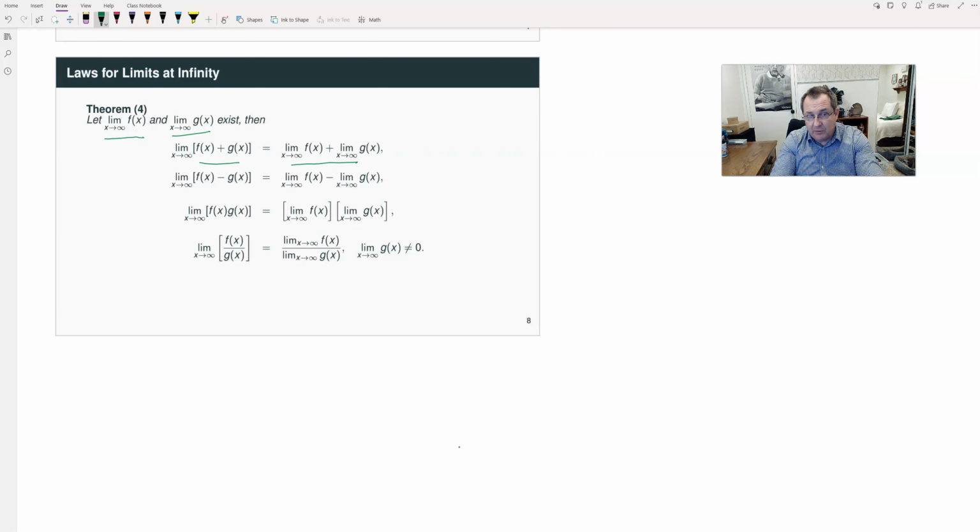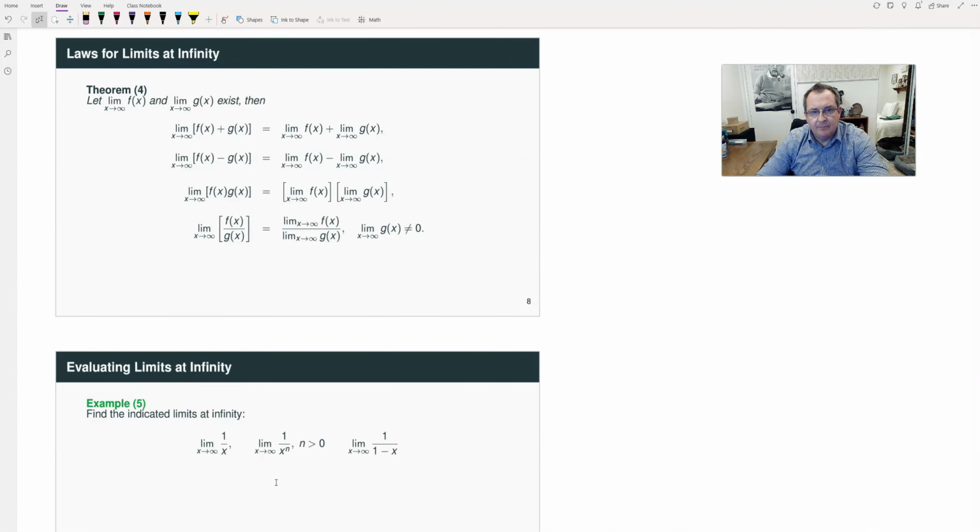The limit of the product will exist and it will be equal to the product of the limits. And the limit of the fraction will exist and will be equal to the fraction of the limits, assuming that the denominator is not 0. Similar statements hold for limits when x goes to negative infinity.